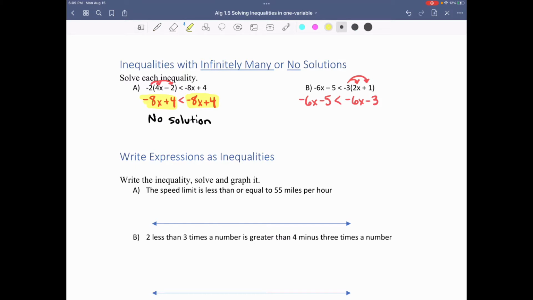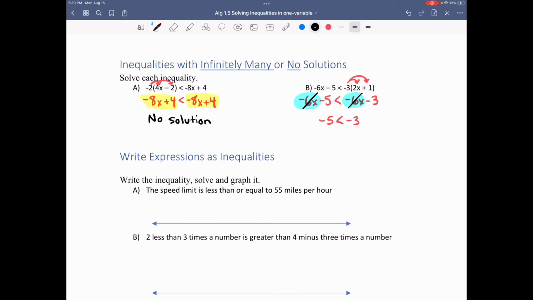Okay, so look at the -6x here. Because the -6x are on both sides, we can cancel them out. Then we have -5 is less than -3. Is that true? And we could have done that on the other one too.